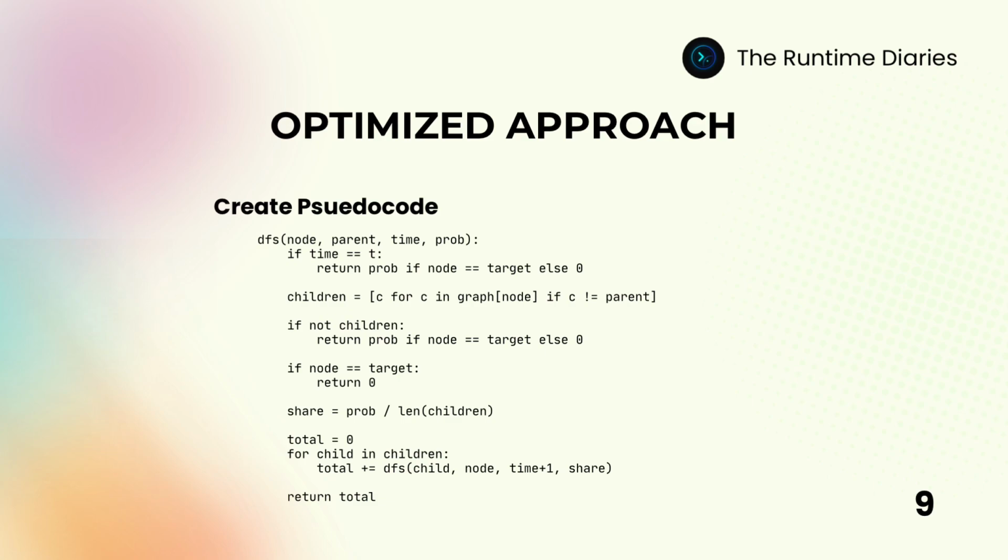If node equals target but there are children, return 0 because the frog must move. Otherwise, calculate share as probability divided by the length of children. Initialize total to 0. Then, for each child, add the result of DFS with child, current node as parent, time plus 1, and share as the probability. Return total.